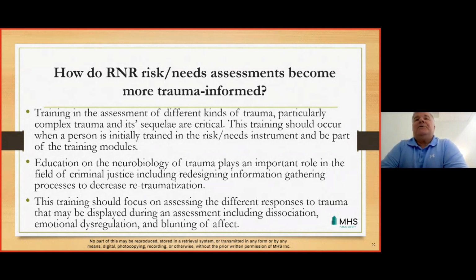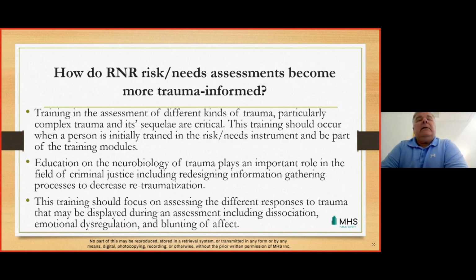Education on the neurobiology of trauma plays an important role in the field of criminal justice, which includes redesigning information gathering, such as an assessment, to decrease any re-traumatization during the assessment.